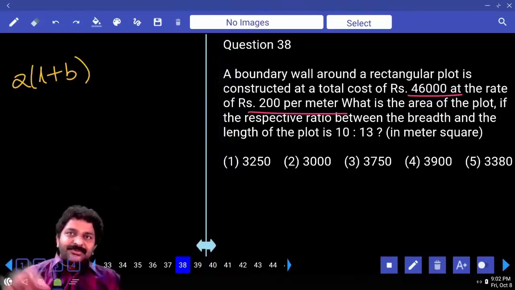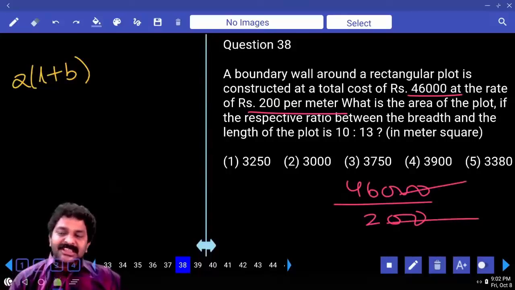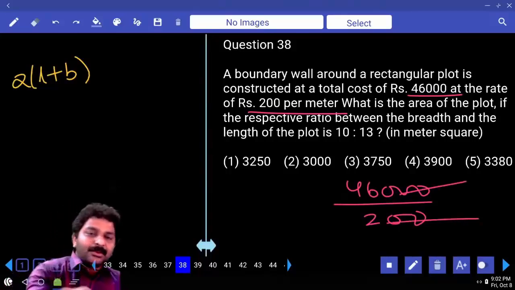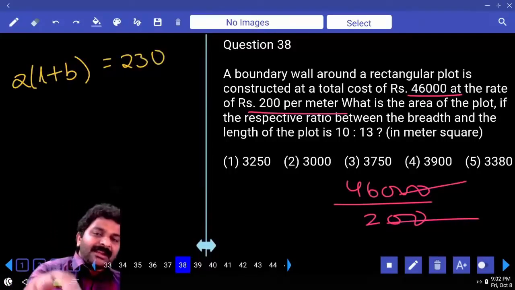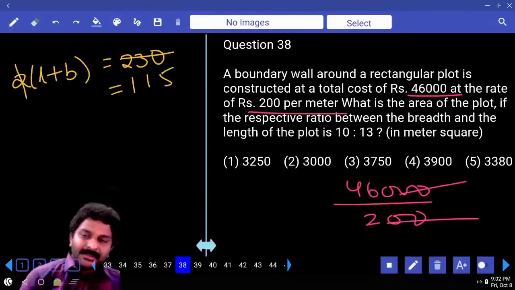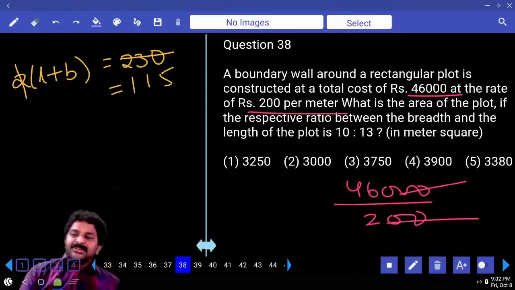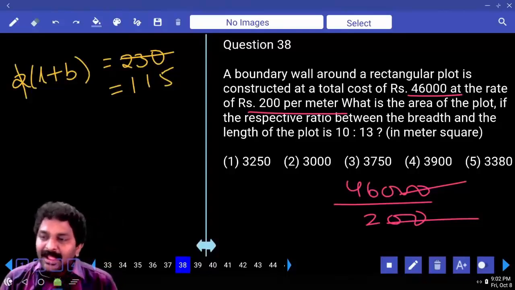Then the perimeter is 46,000 divided by 200 only. 2 zeros get cancelled. 460 by 2, that is equal to 230. Then L plus B is equal to 115.